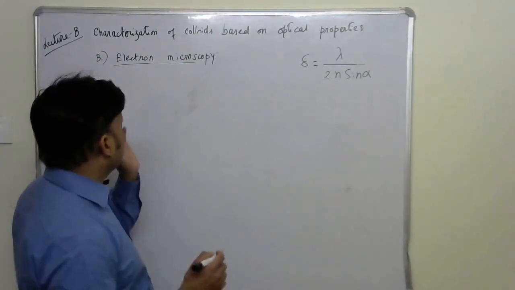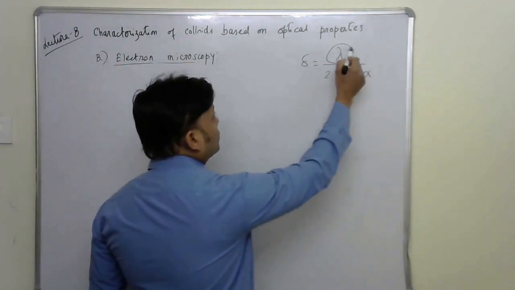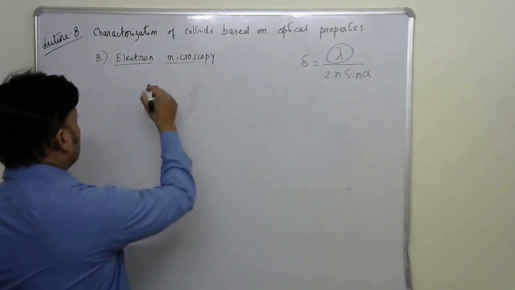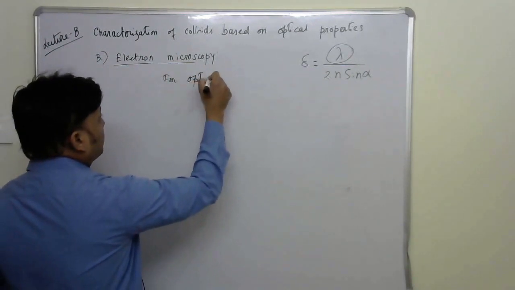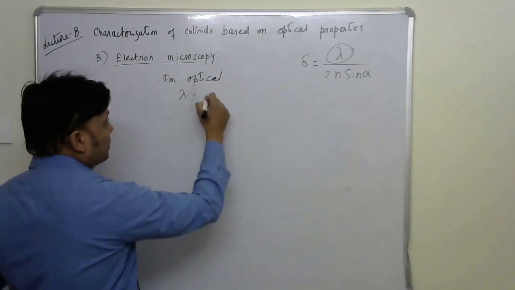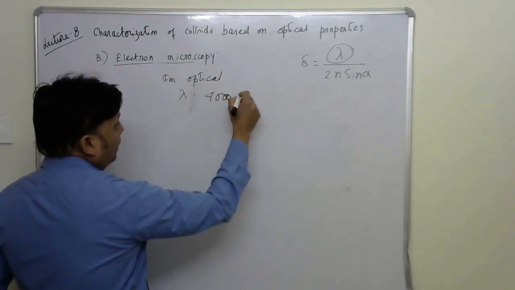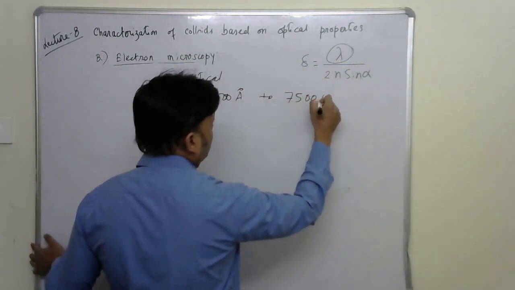So the basic idea behind electron microscopy is to take the advantage of the smaller lambda. If we remember that for optical microscopy, the lambda range, if we talk about in angstrom, was from around 4,000 angstrom to 7,500 angstrom.